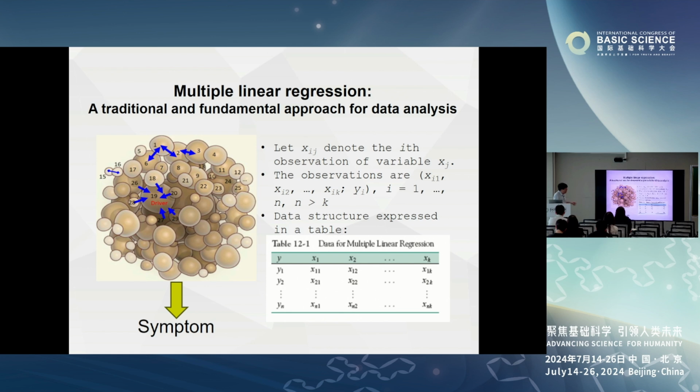So you collect data, and it will generate a table like this, where y is the cancer symptom, for example, tumor size, and x is the sample cell type.